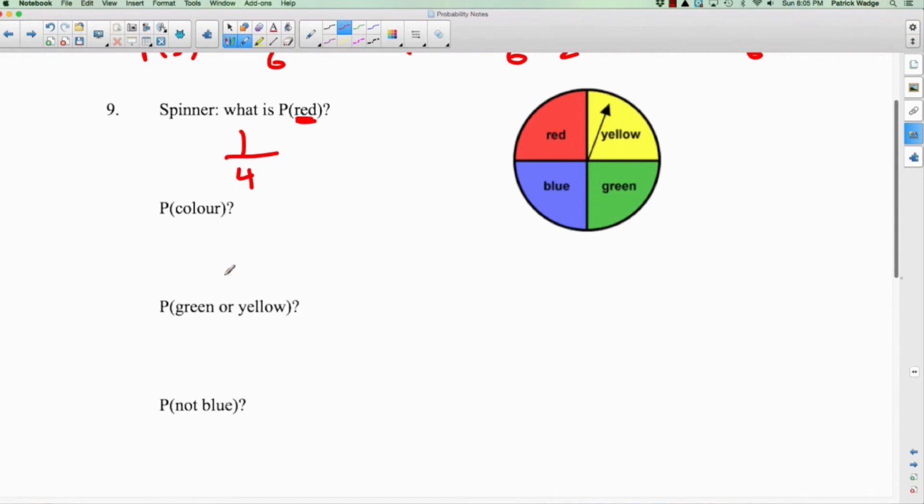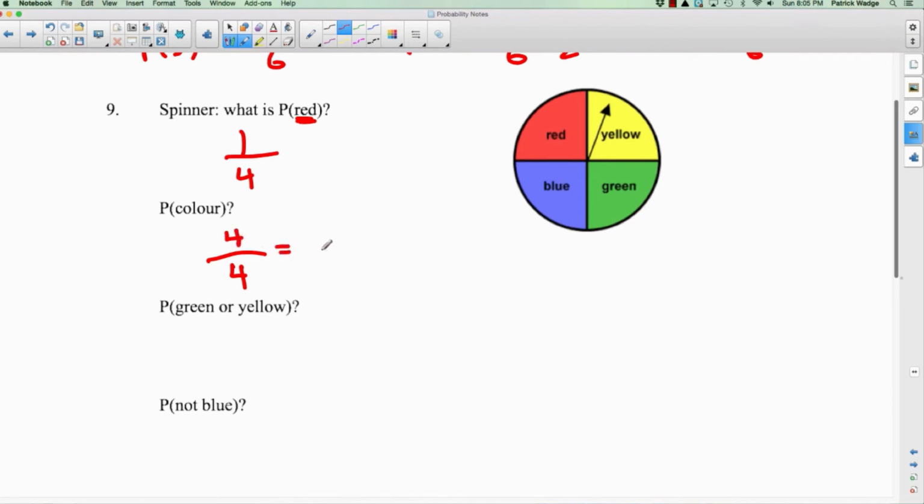What's the probability of getting a color? What the? Okay, let's think about this. How many possible outcomes are there? 1, 2, 3, 4, just like before. How many of them are favorable? Is red favorable? Is that a color? Yeah, it is. Is yellow favorable? Is that a color? Yeah, it is. Is green a color? Yes, it is. Is blue a color? Yes, it is. All of these are colors. So our number of favorable outcomes is 4 to 4.